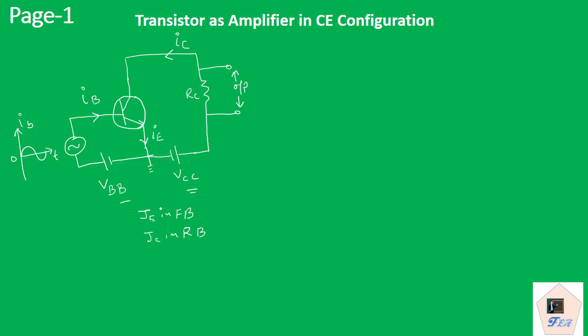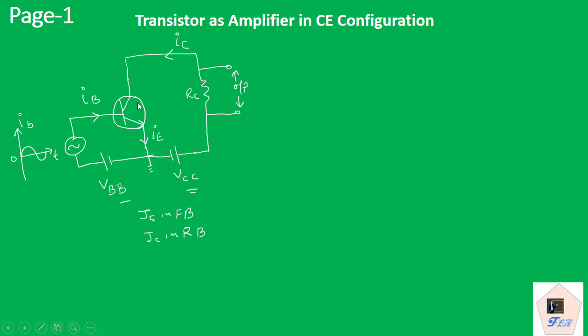Now if a DC bias voltage is not provided, so if we are not providing this VBB and VCC, and directly apply this AC voltage here, then what will happen? During positive half cycle, this will conduct. During negative half cycle, this will not conduct.